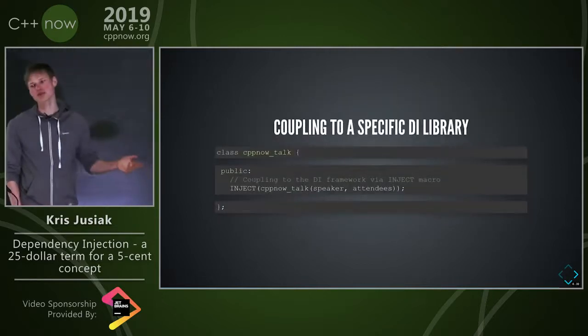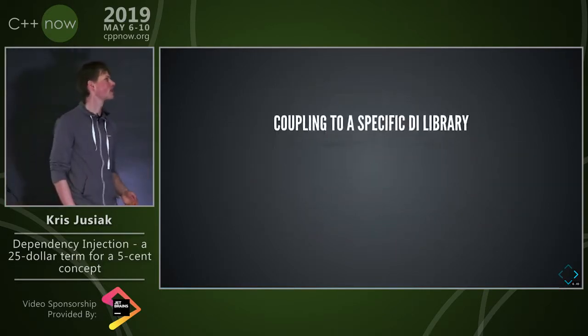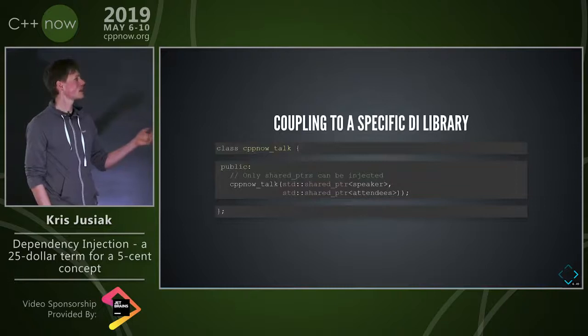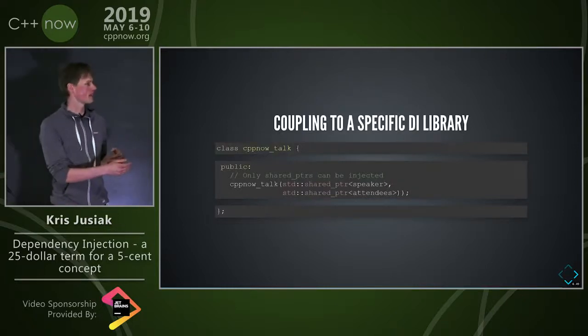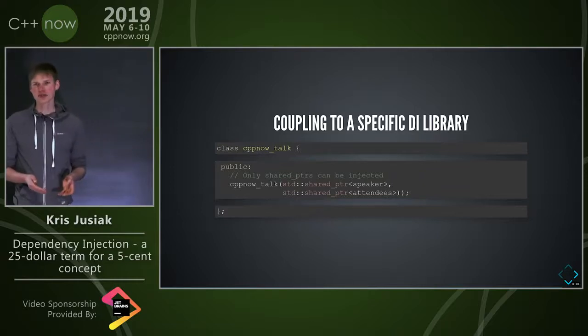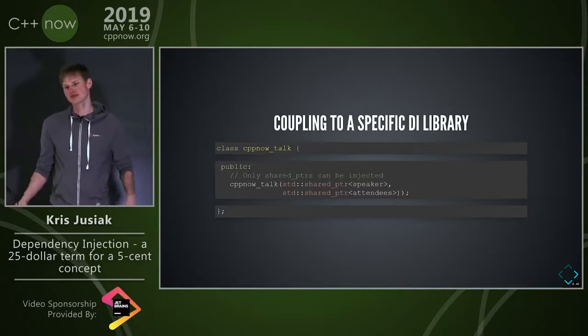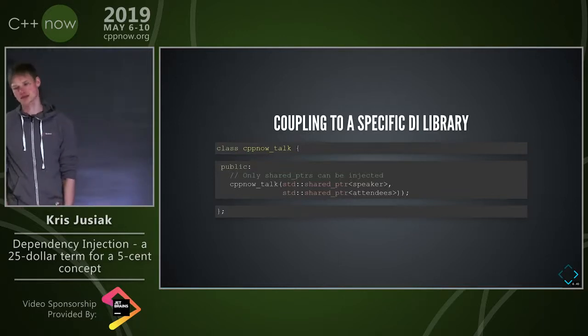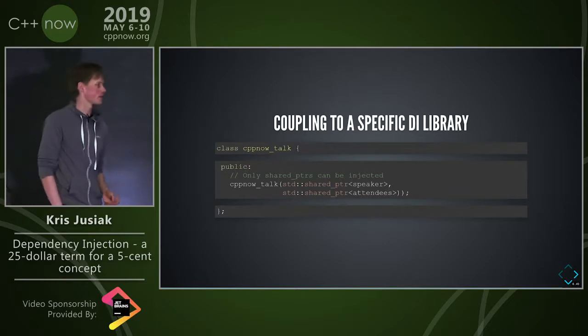The reason why we have this macro is like, consider not doing that, if you can. Also, Hyperdynamic has this subtle coupling in it via shared pointers, because it only allows shared pointers. So you have to pass shared pointers into all the constructor parameters, which is not ideal, because C++ is not about shared pointers only.